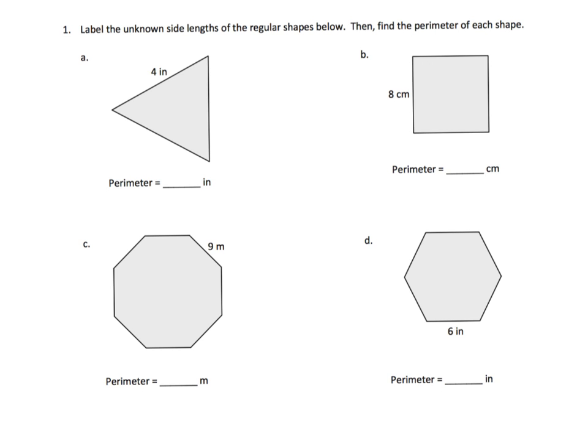So the idea is, first off, what is a regular shape? The word regular means all the sides of whatever figure you're talking about are the same length. So this is a regular triangle, meaning all three sides are 4 inches.